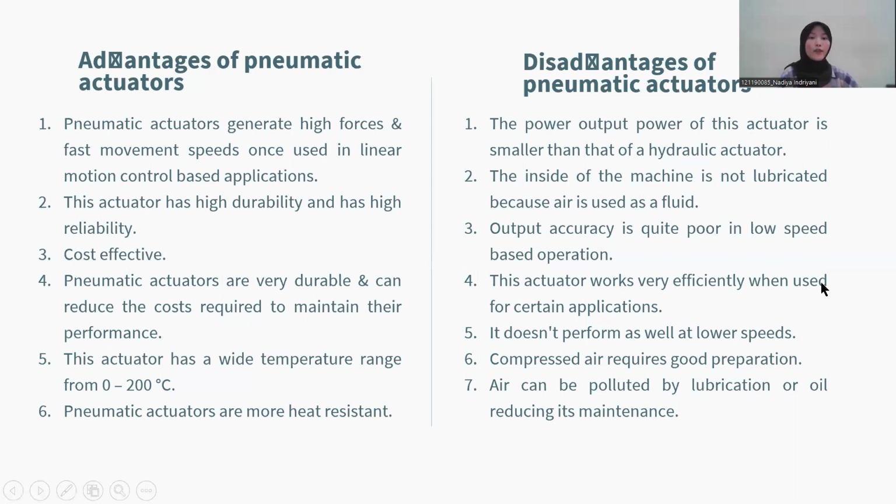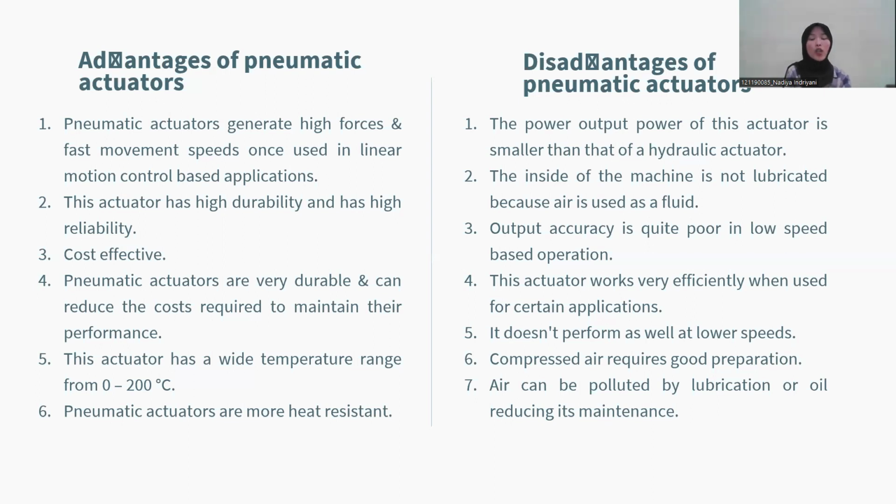Next, disadvantages of pneumatic actuator. The power output of this actuator is smaller than that of a hydraulic actuator. The inside of the machine is not lubricated because air is used as the fluid. And the output accuracy is quite poor in low speed based operation.